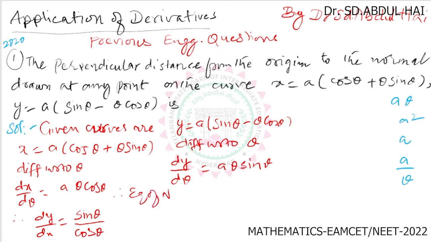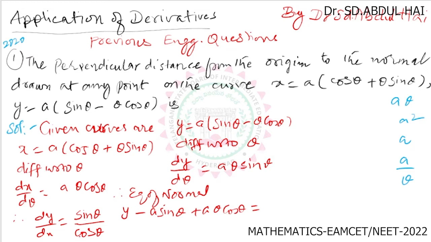Therefore, the equation of normal is y minus y1. What is y1? That is a sin theta minus a theta cos theta. Directly I am writing. It is equal to m.